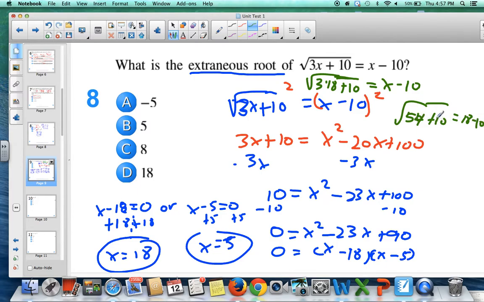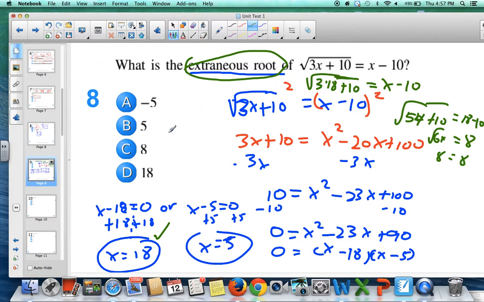So 54 plus 10 is 64, so square root of 64 equals 8. 8 equals 8, that's a true statement, so this is a solution, but they're asking for an extraneous root, not the actual root. So some of you picked 18 because you went through the work and solved it, or plugged it in and it worked, and that's great, but they're asking for the extraneous root, so that's going to be most likely 5.